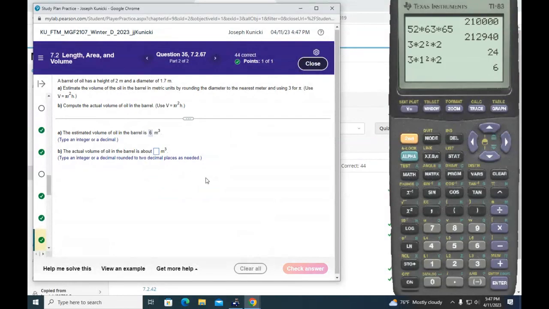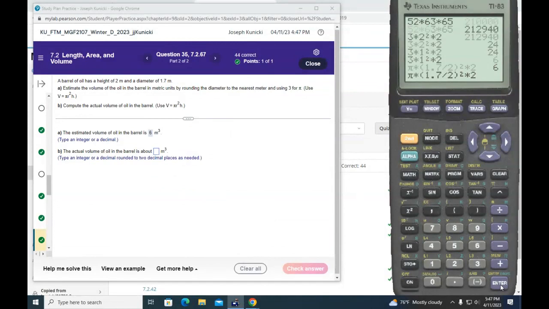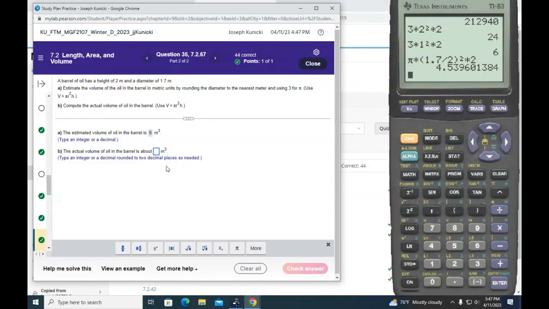So for the actual, we don't need to round, we just go pi times r. So I'm going to do it this way, 1.7 divided by 2. There's r squared times the height, which is also 2. So to round it to 2 decimal places, it'll be 4.54.